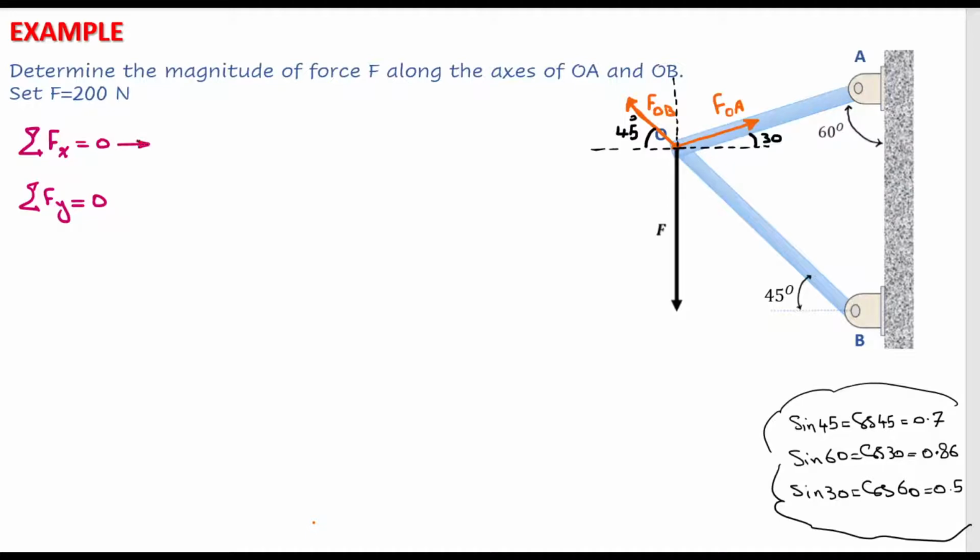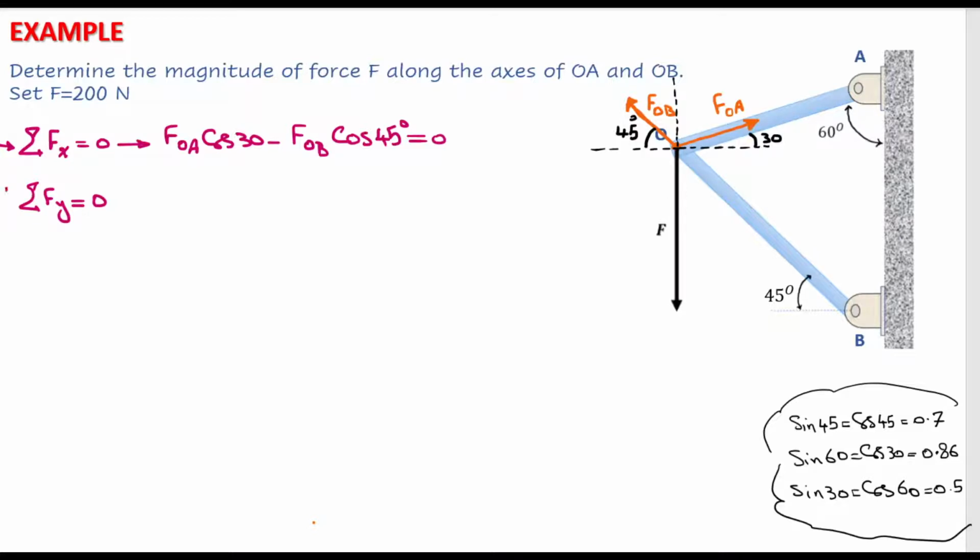For sigma Fx equals 0, I have FOA cosine 30. I explained in the previous videos why it is cosine, minus FOB cosine 45 degrees, and there are no more horizontal components of any forces here, so equals 0. Don't forget to put this sign here at the left. That determines that I'm considering the right side positive.